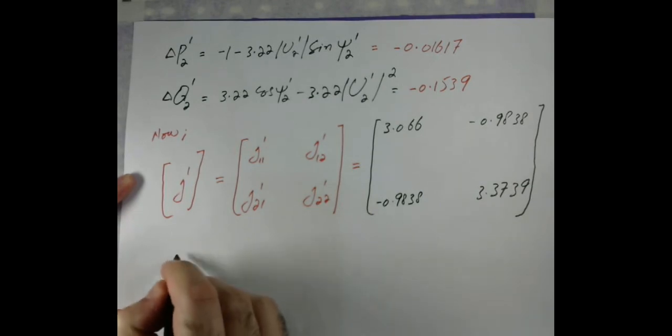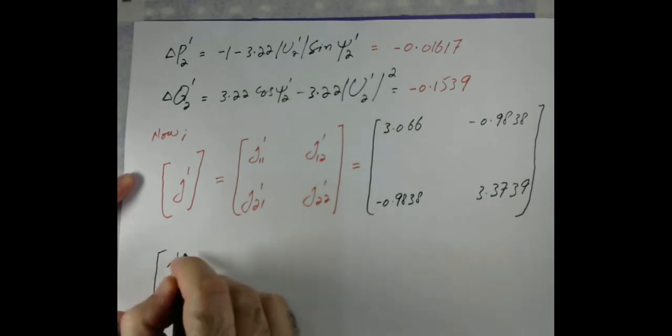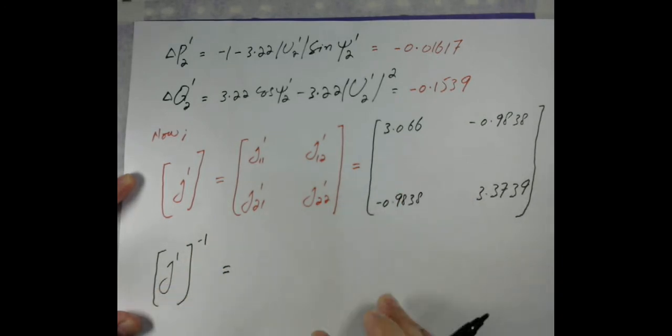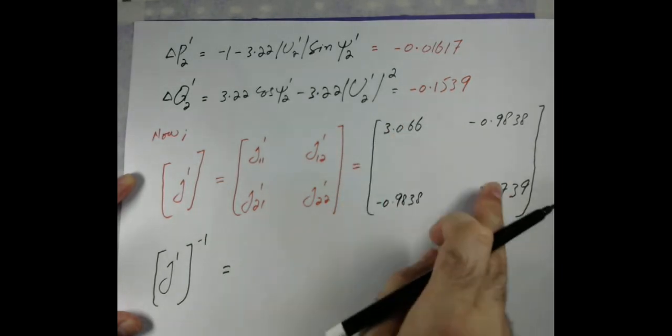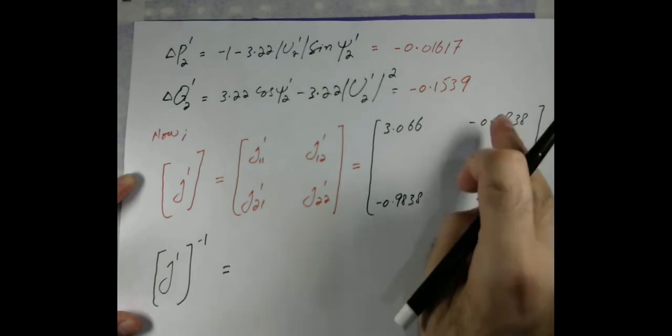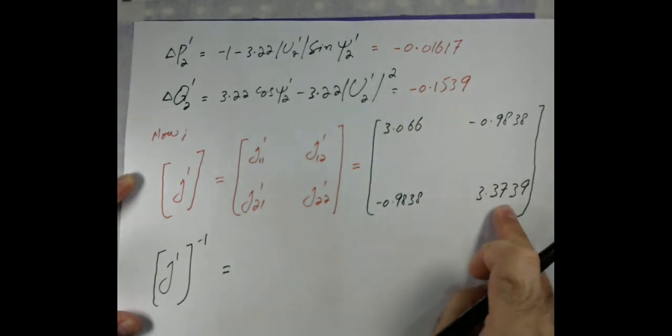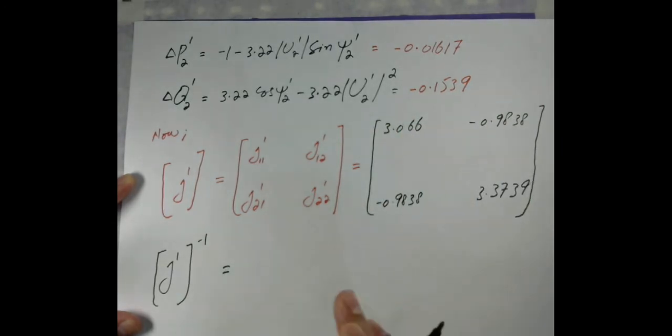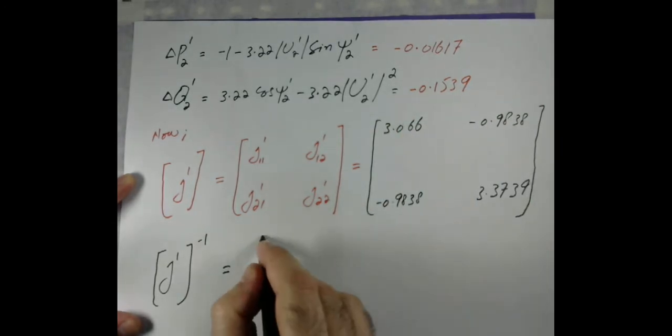So the Jacobian one inverse will be equal to one over the determinant into the adjoint of the matrix, where we change the position of these two and then change the sign of these two. It will become positive, and this value will move here. But anyhow, you can do that yourself, and I will directly write the inverse of the Jacobian matrix.